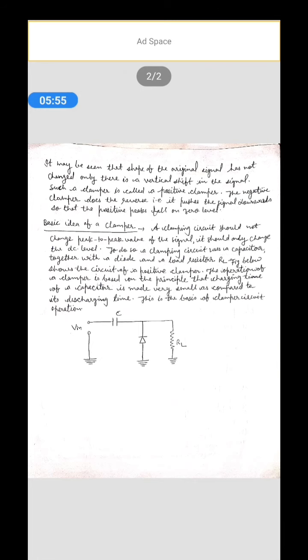A clamping circuit changes the peak and average values of a waveform. In the circuit, it is easy to see that the input waveform has a peak value of 5 volt and the average value over a cycle is 0.